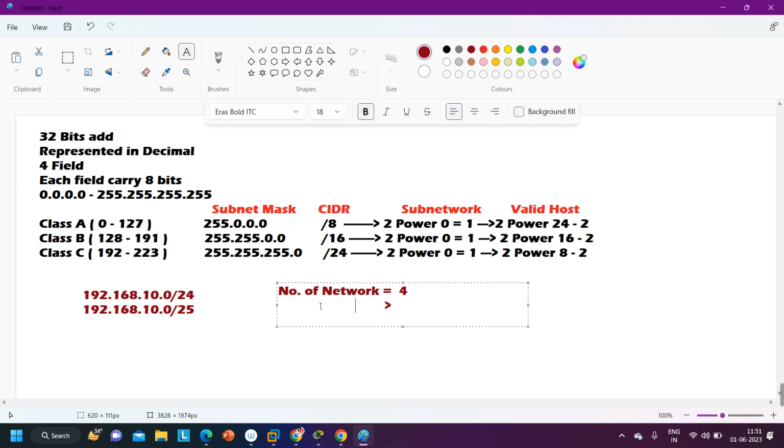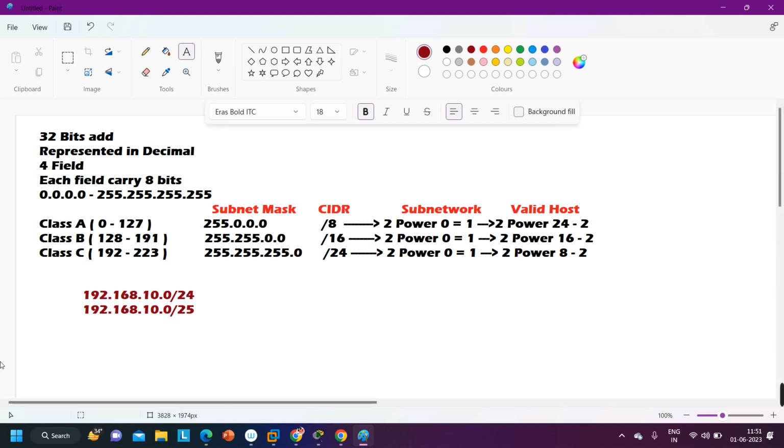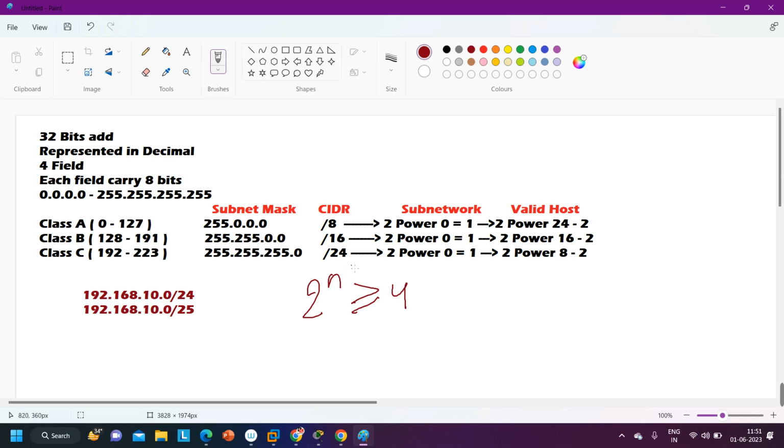So what value of n will you put there? 2. And n is your borrowed bits, as you all know. Yes or no?